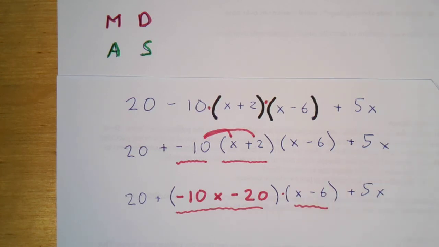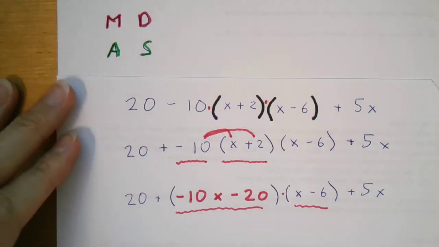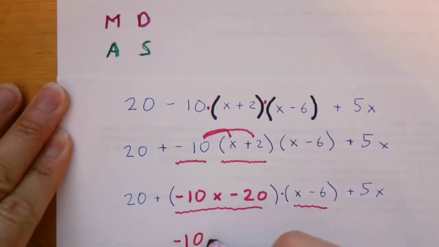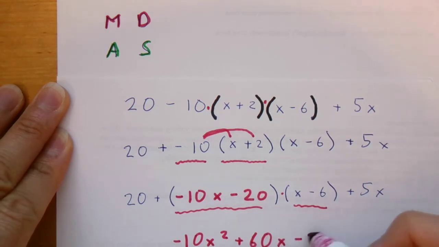If I multiply those two, I will get negative 10x squared plus 60x minus 20x plus 120.